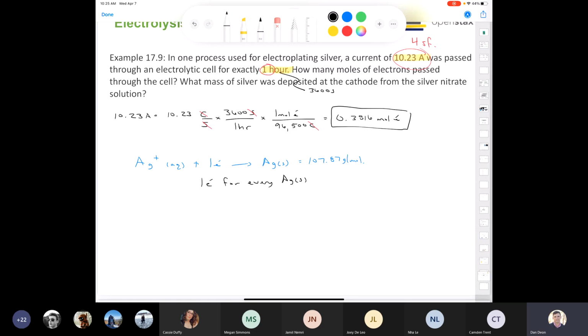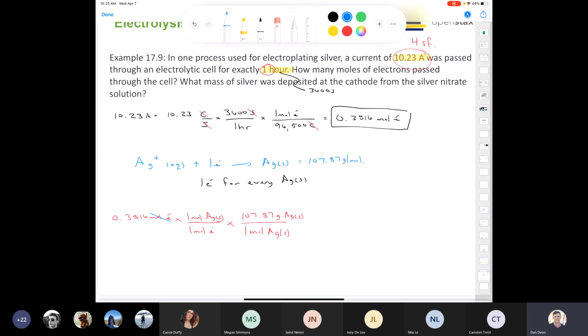Okay, so that means that if I have 0.3816 moles of electrons, and I know that for every 1 mole of electrons, I produce 1 mole of solid silver, and I know that in 1 mole of solid silver, I have 107.87 grams of silver.